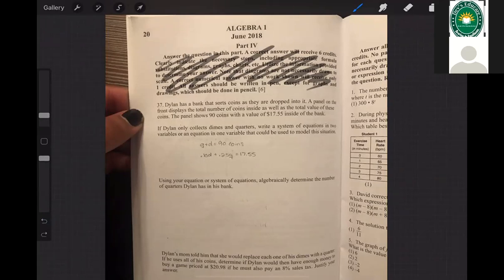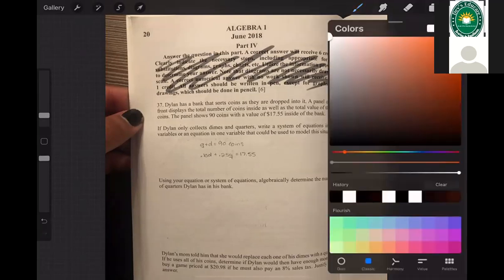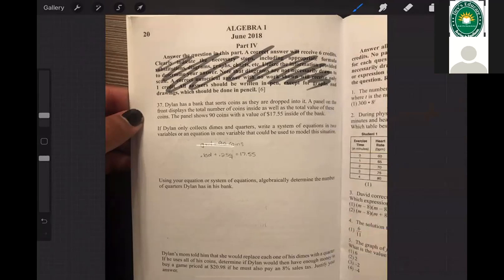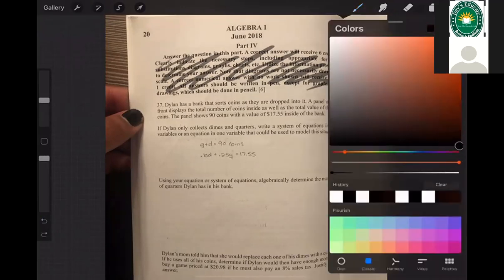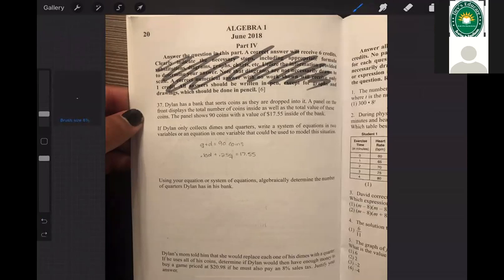Okay. So total number of coins is 90, right? So 90 coins are there. So let us suppose x of one kind and y of another kind. So x plus y equals 90 coins.